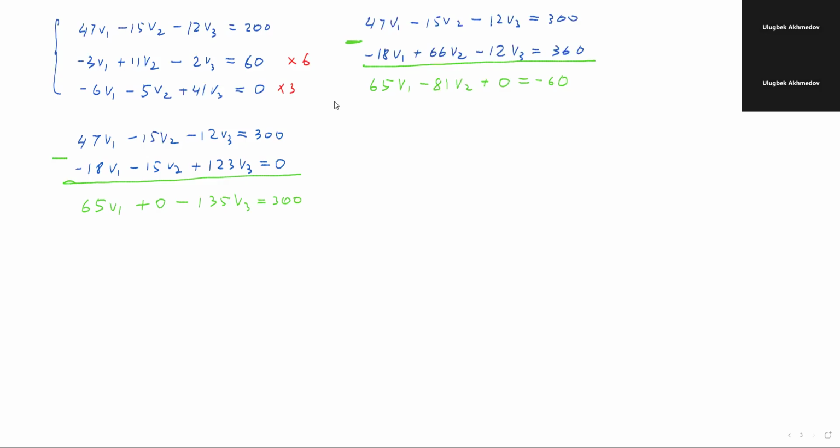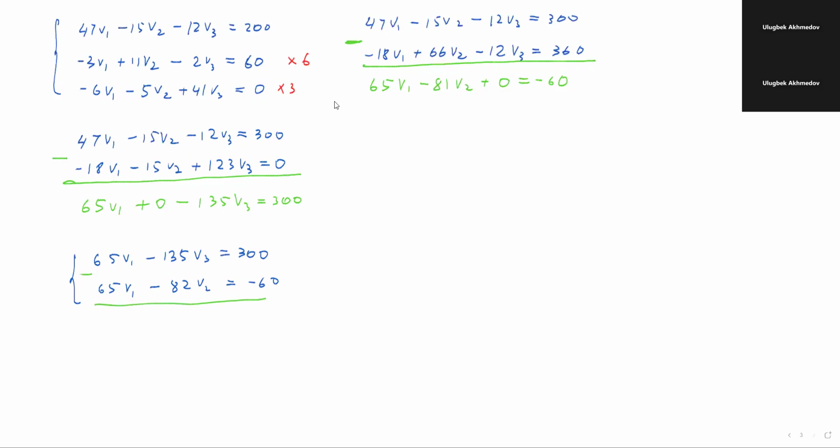So now we have two equations, and we can actually eliminate one of the V's, which is quite convenient. So we can simply subtract.